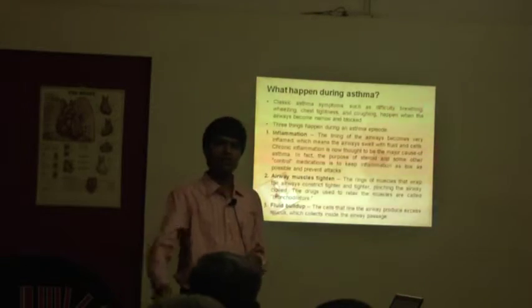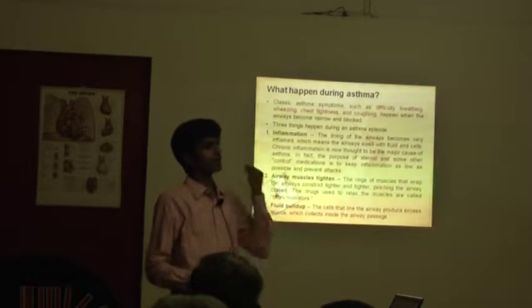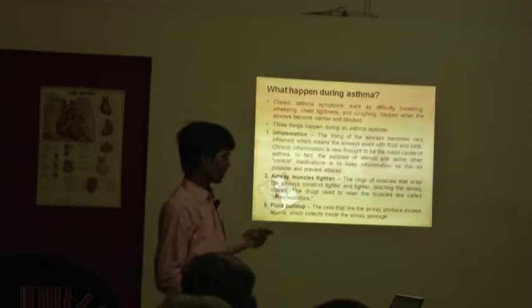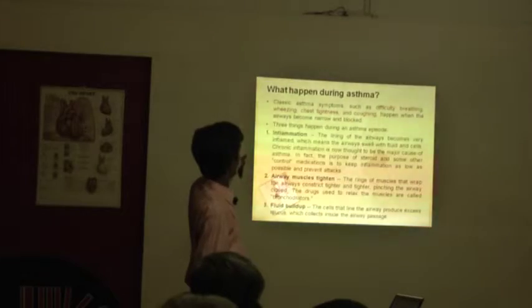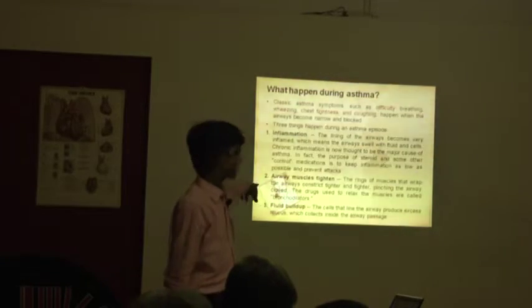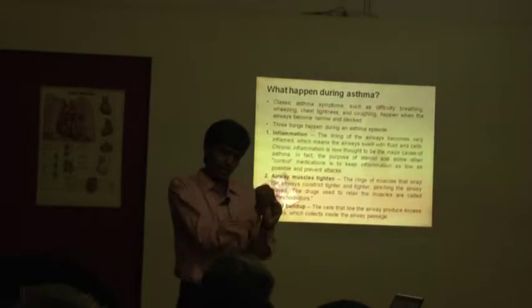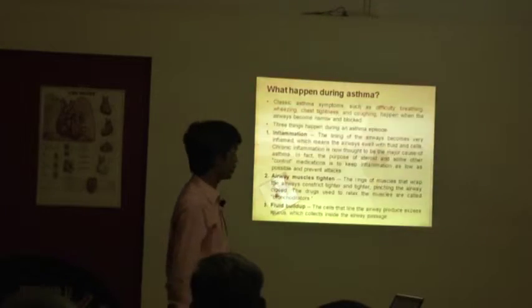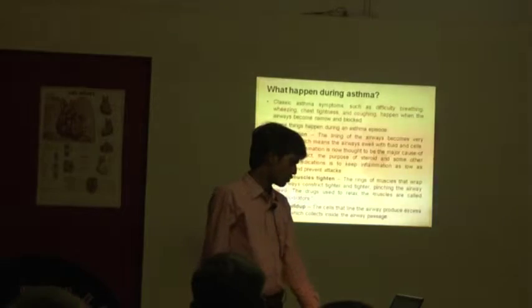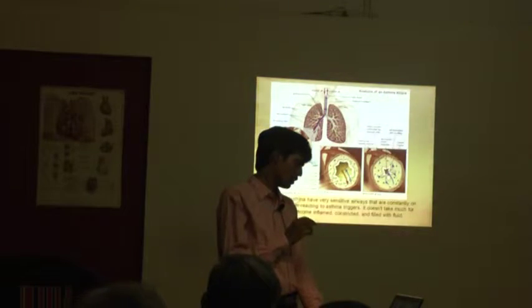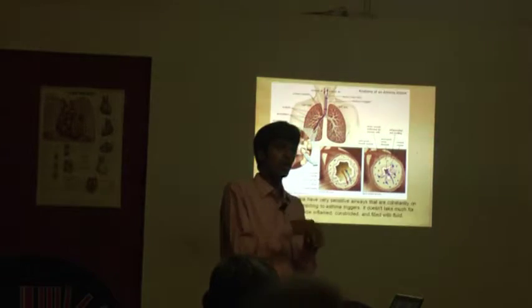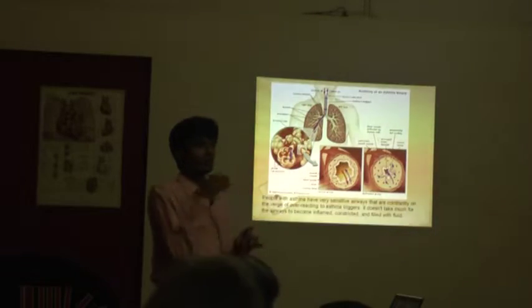Even a little bit of change here and there has a very, very quick effect. What will be there? First, as I told, it is the inflammation. Second, the airway muscles all around are tightening. Third is the fluid, that is the mucus, which will also clog the channel. There will be no space for the breathing to move.